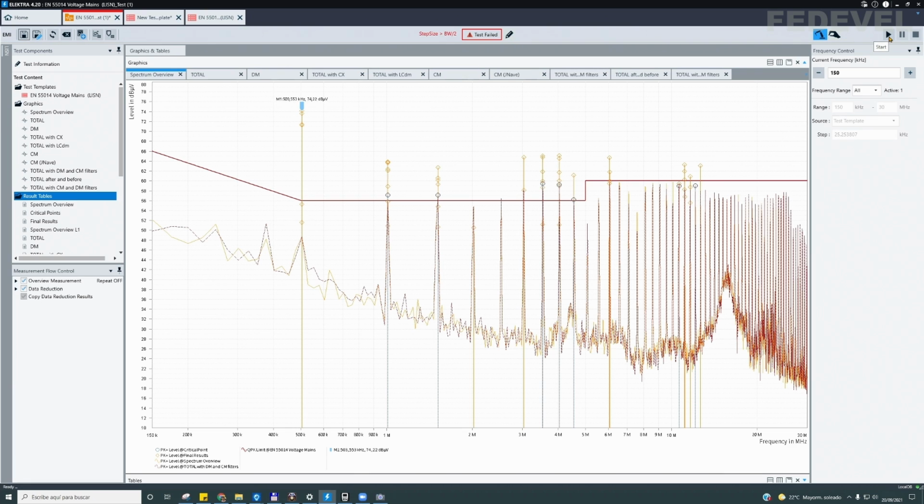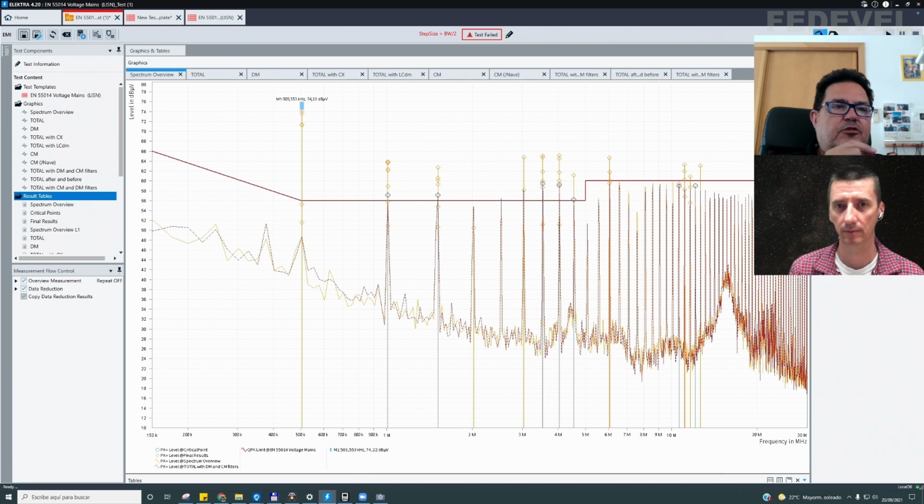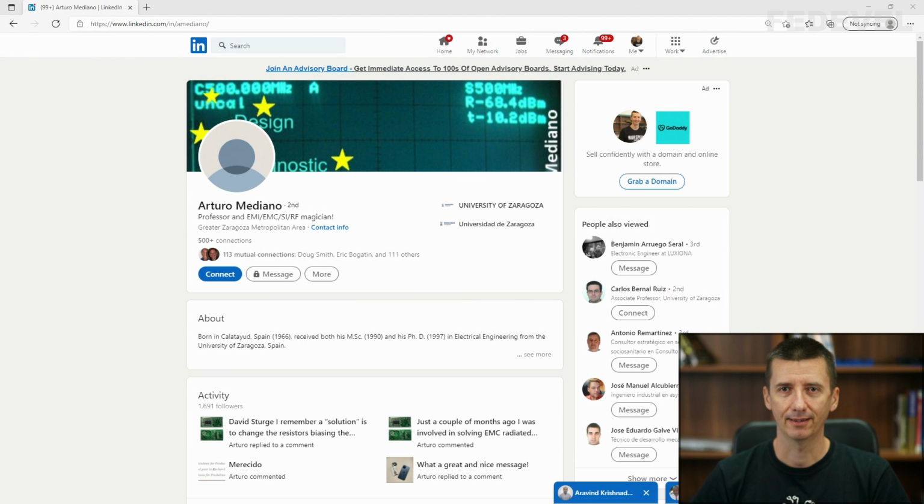And then automatically the software starts to apply the template you created for this test, and it will be measuring in the frequency range of interest with the resolution bandwidth you want, with the limits you want, and then you will get the picture on the screen. So no clicking or anything. You just press the play button, you will wait, and it will appear. Exactly. That's all. And that's everything for today's video.